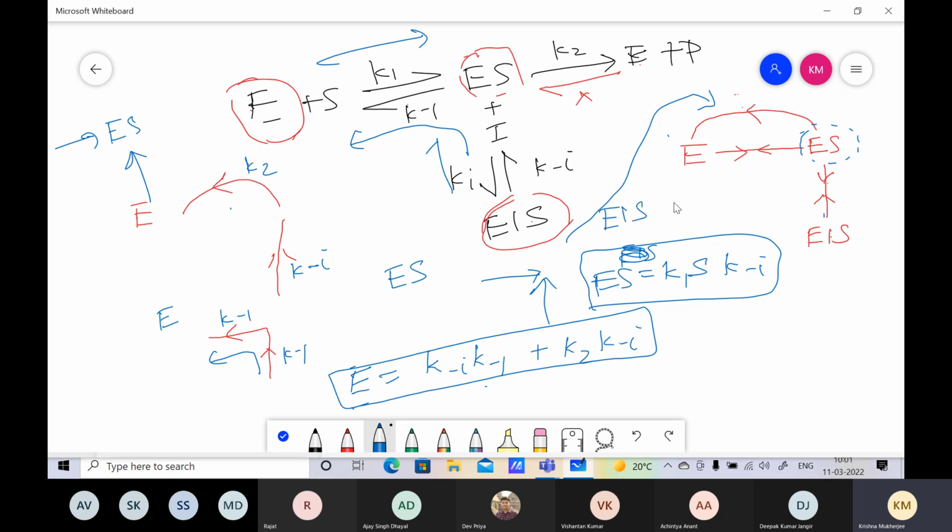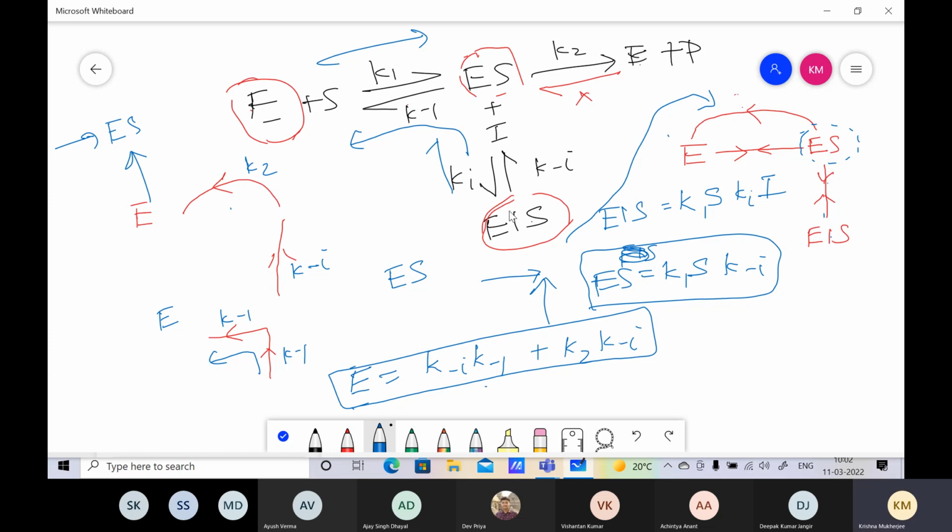What is EIS? एक ये रूट है. So K1S into Ki into I. ठीक है ना?